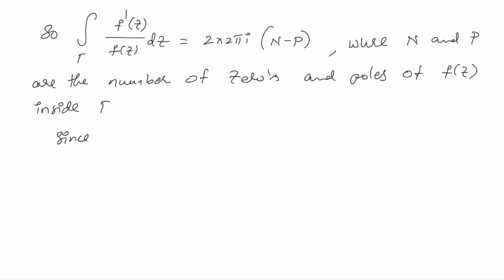Since f of z is given as z cube times e to the power of z square, we can easily calculate the number of zeros and poles of this function. By just looking at the function, we can see which is entire.